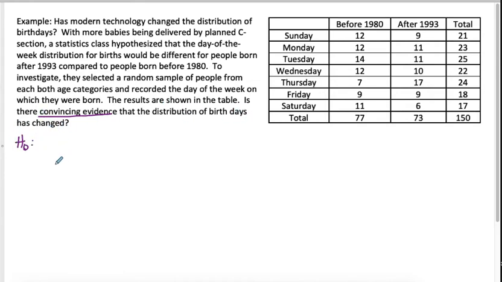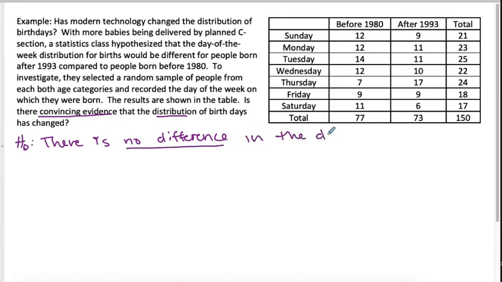So anytime we're doing a table problem here, we're going to say, is there convincing evidence that the distribution has changed? We're going to say, claim there is no difference, or it has stayed the same. So here we'll say there is no difference in the distribution of birthdays.